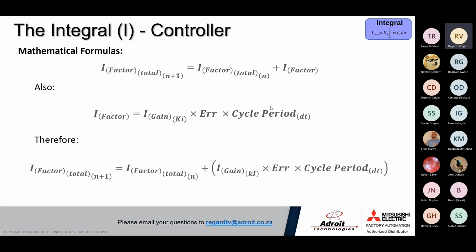So if we plug that into that formula, then we see how the PLC would continuously update the I factor control, I factor output by looking continuously at the error over a cycle of time with the user-defined gain.